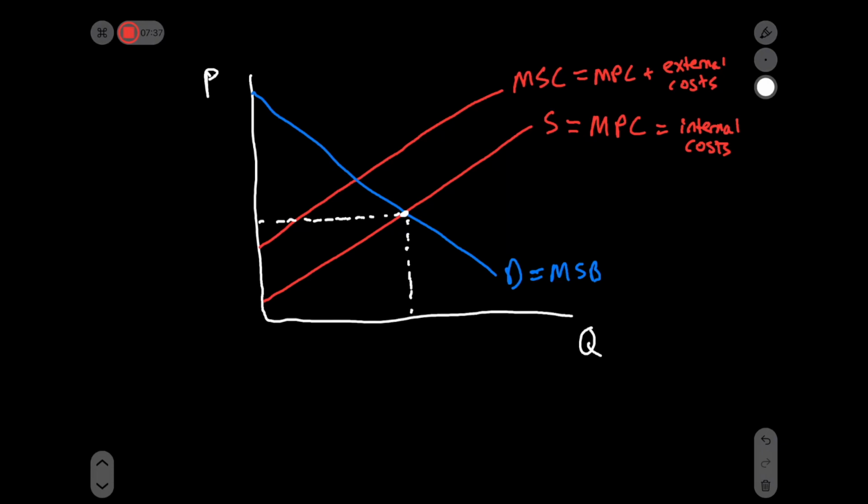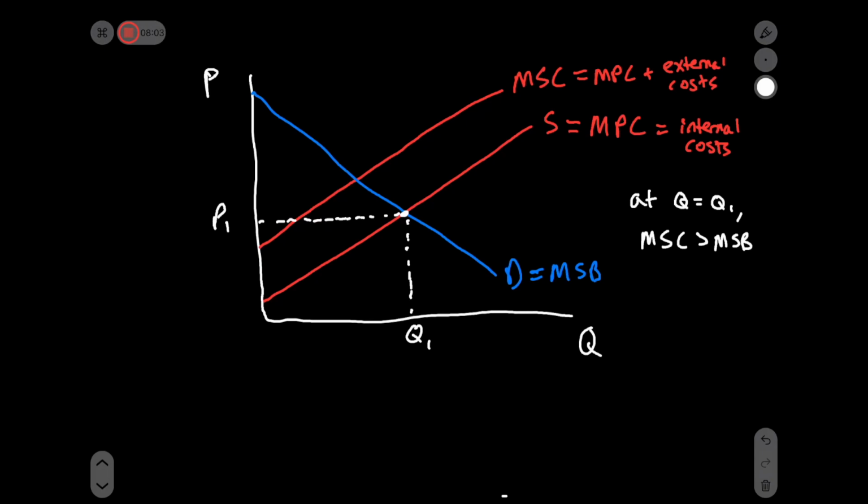We'll call this Q1, and we'll call this P1. But unfortunately at this point, so at Q equals Q1, the marginal social cost of this activity exceeds the marginal social benefit.